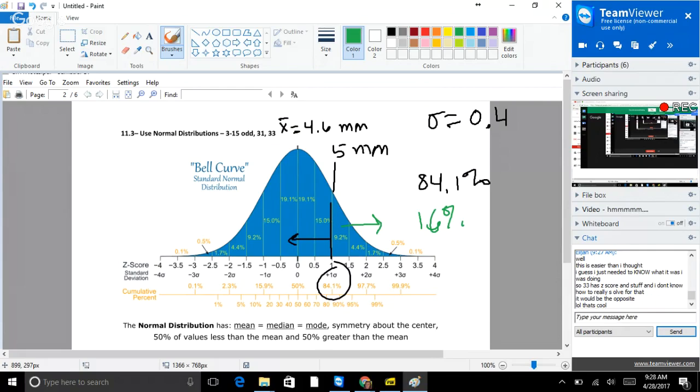Okay, so the z values, yeah. The z value actually seems kind of crazy, but it's actually really easy. So if you see on my chart here, the standard deviation is kind of the line that we've been working with, and that has a percentage underneath it, right?